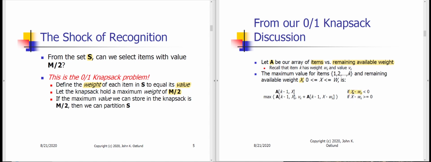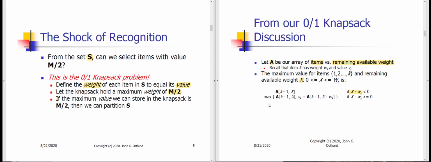That is, the remaining available weight minus the current weight was negative. Otherwise, it was going to be the maximum of the value in that same column from the preceding row, or the value of the current item plus the value from the preceding row corresponding to the column x minus the weight of the current item. You can go back and look at that lecture if that's too baffling.